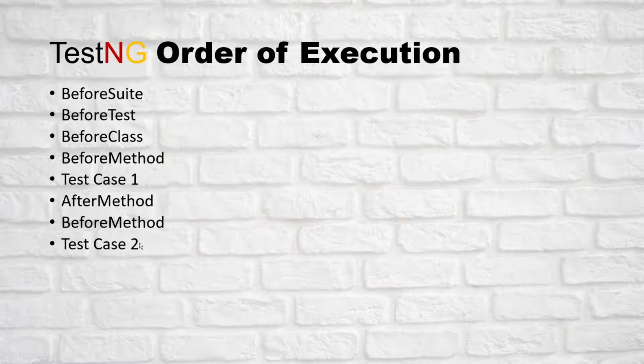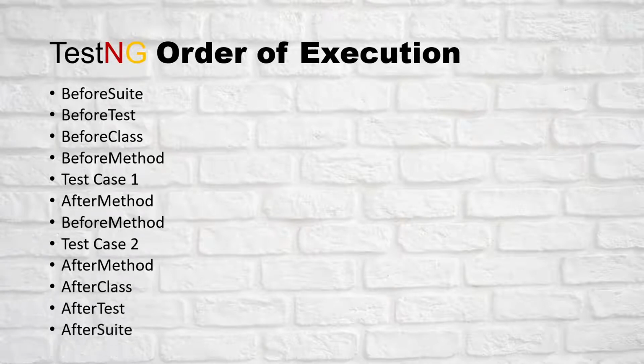Since we have another method, before method will be executed again, and then the second test will be executed, and right after that, after method will be executed, and then it will go to after class, after test, and after suite. So let's quickly check if we have two methods with the @Test annotation. We'll come back to this order of execution once again.